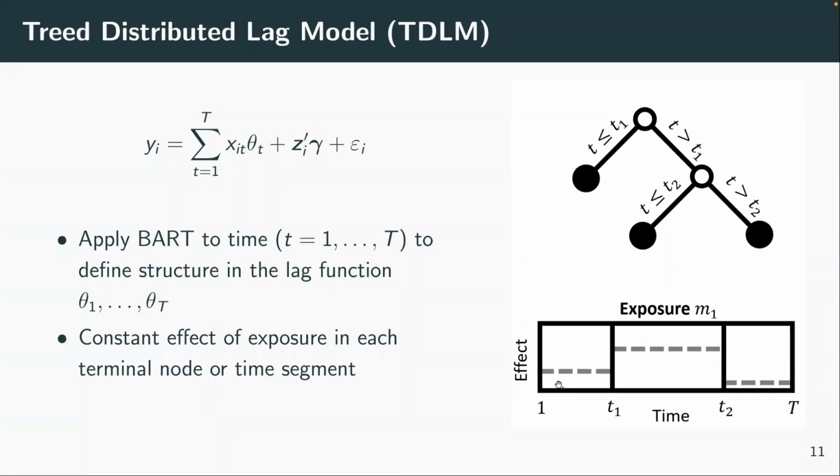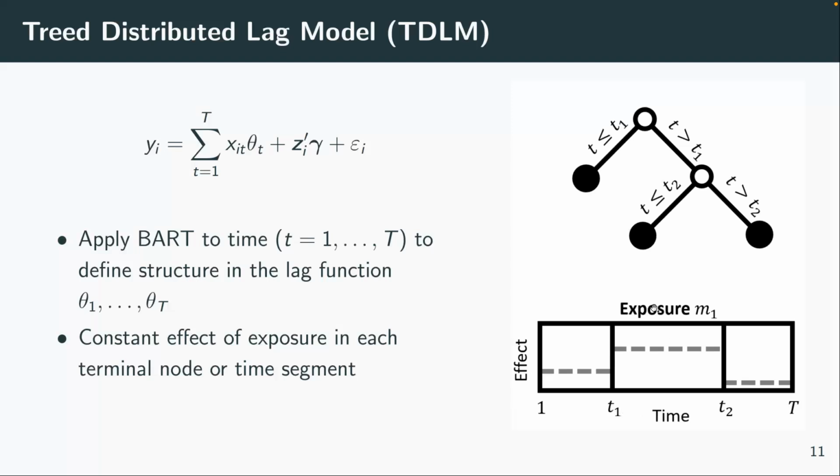So theta 1, theta 2, up to theta T1 are all equal to each other and all set at this value. Between T1 and T2, there's a larger exposure effect. And between T2 and the end of our time span, we have a smaller effect. So we're using trees to define a really simple piecewise constant distributed lag model.